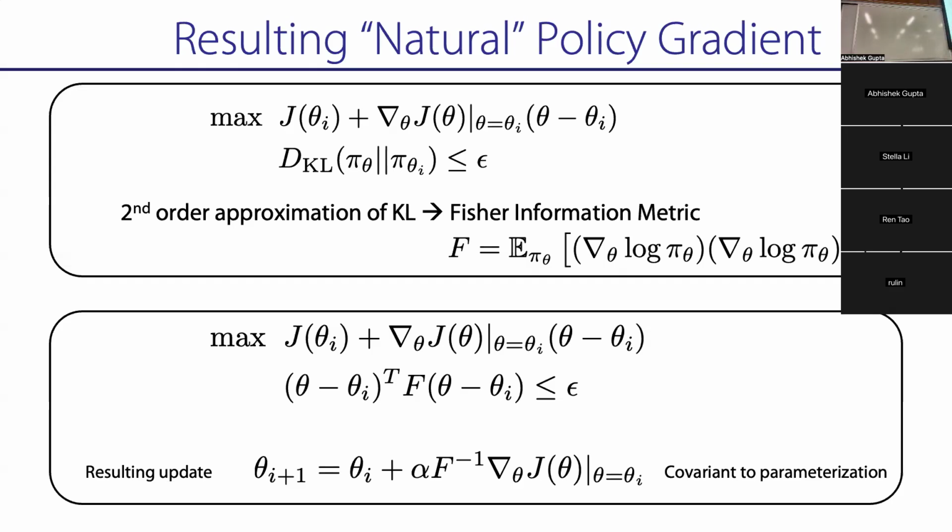Remember, the Fisher information matrix is not a second order matrix, it's a first order matrix: grad log pi times grad log pi transpose, taken in expectation over pi. The important thing is that grad log pi is the dimension of the parameters, and grad log pi transpose is too, which means the product is parameters by parameters. This is great because F inverse reweights different parameters, so it's not sensitive to parameterization. But you have to invert a parameter by parameter size matrix, and if you have a huge matrix, that's extremely expensive.